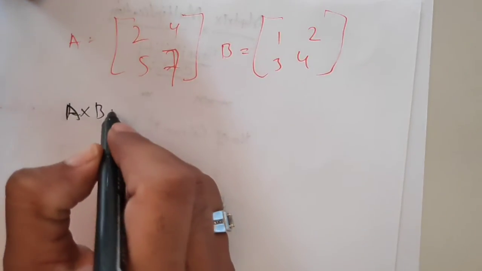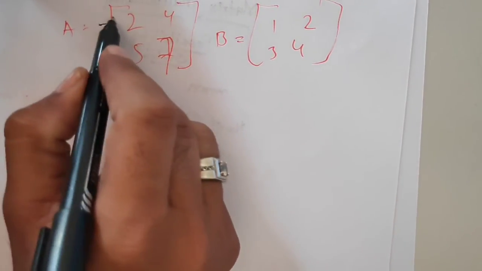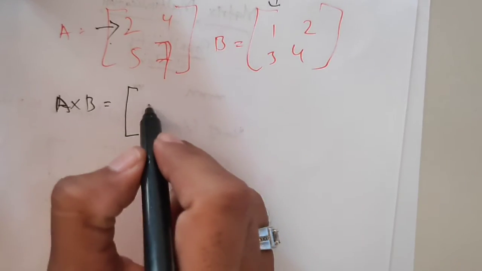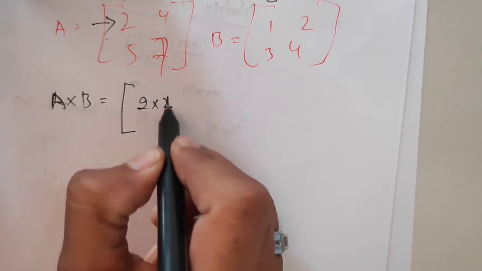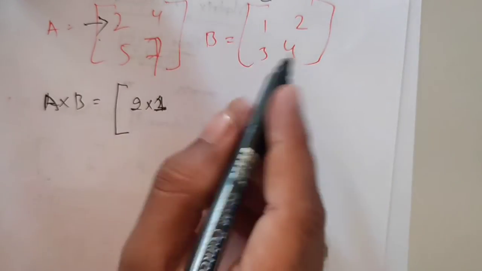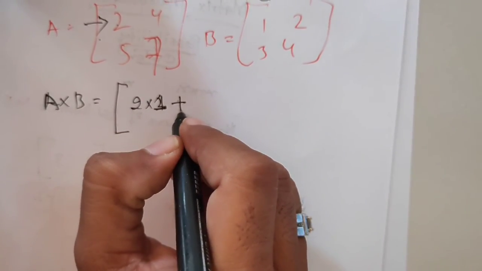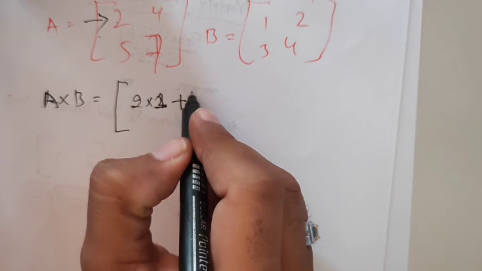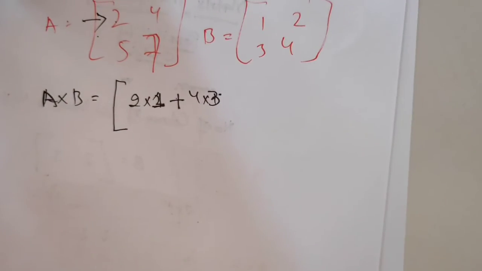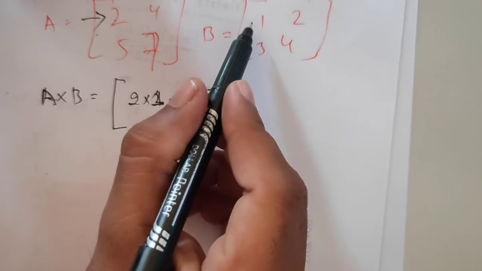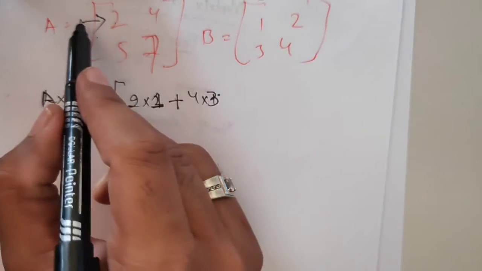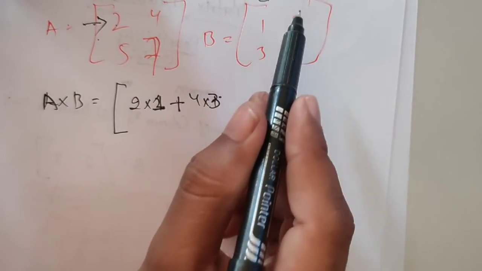So we take the first row and first column: the first member multiplies with the first member, 2 multiply by 1, and the second member of the row multiplies with the second member of the column. The same row, so we use the plus, 4 multiply by 3. It has not completely multiplied with the second matrix yet, the second column remains, so the first row will be multiplied with the second column.